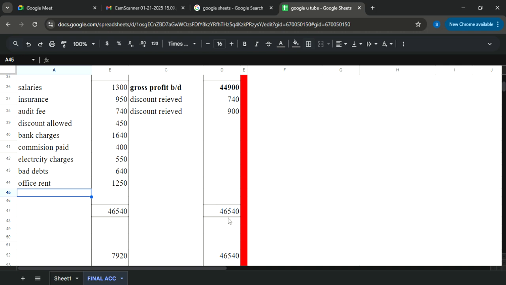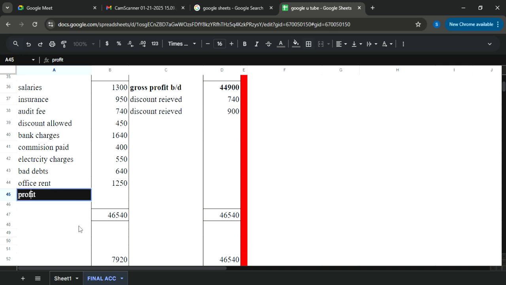Income is more than your expense, so this would be considered profit, but we will name it as net profit. Balance, it's just the balance actually, but we have named it as profit. Why profit? Because the income side was larger than the expense side, or income is more than expense.